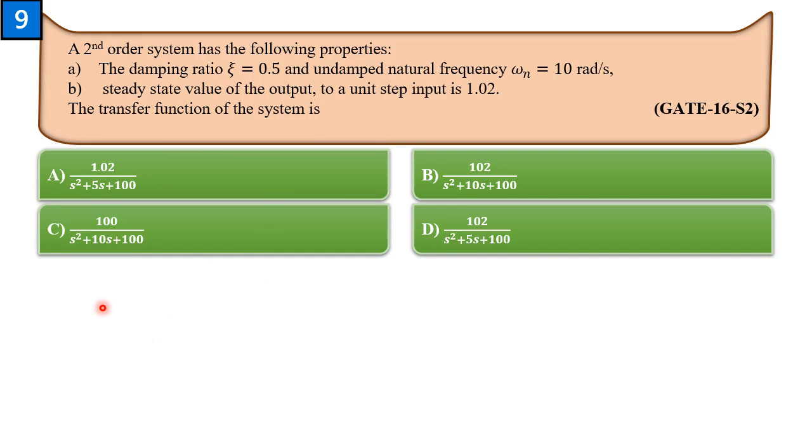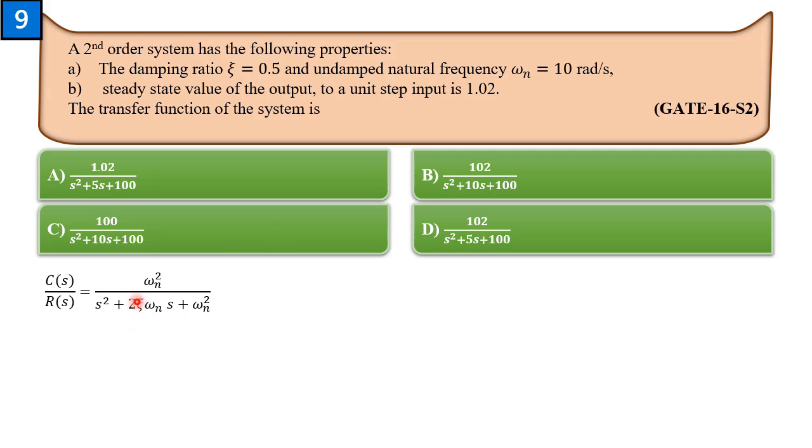So omega n and zeta are given. So we can find the transfer function by putting these values. But in the second case, it is also given that the steady state value is 1.02. Steady state value, as I've told you, means when s is equal to 0, the value is 1.02, not 1.